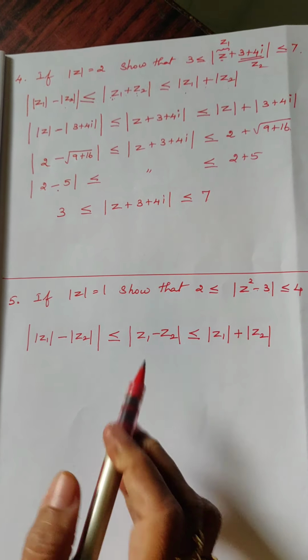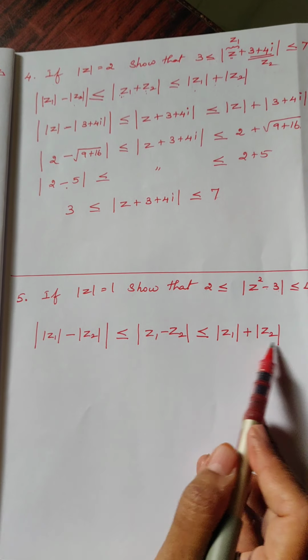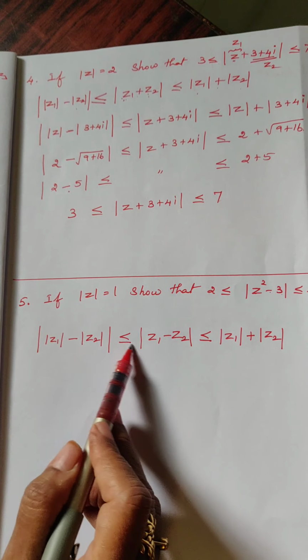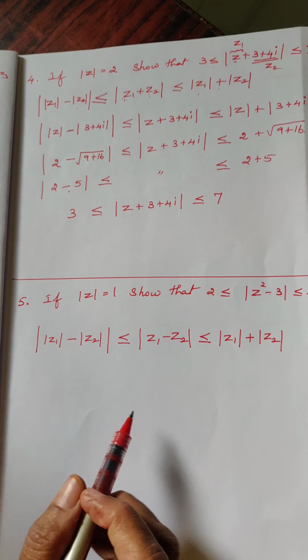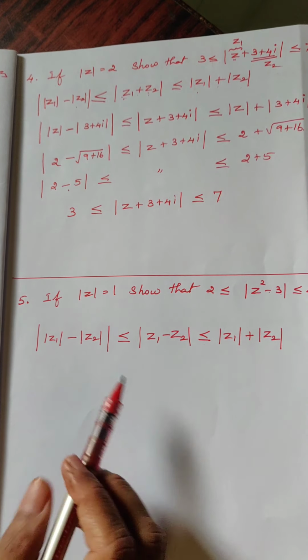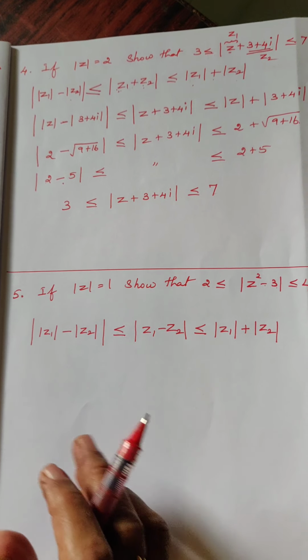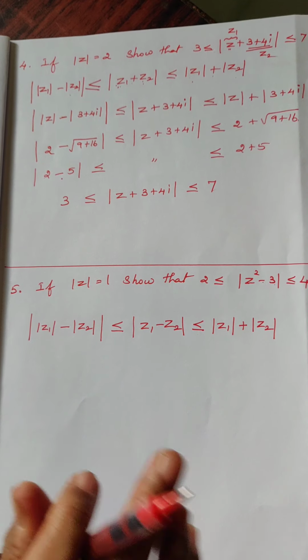I am going to repeat once again. This modulus of z1 minus z2 is lesser than or equal to this part, and this modulus of z1 minus z2 is greater than or equal to this part. This was already explained in the last video, and I explained it at the first part of this video. So go through the last video once again, then only you will be clarified in this part.